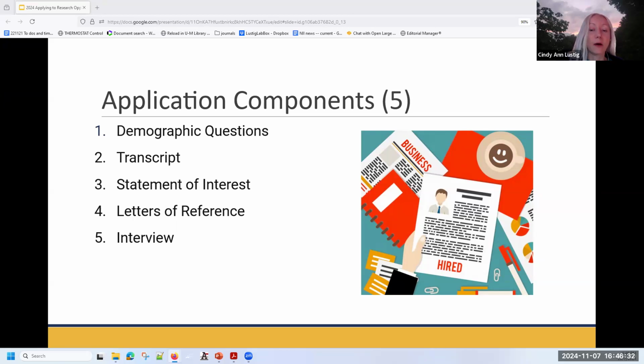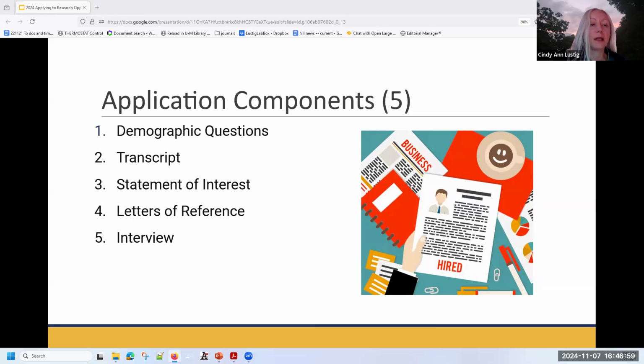We may ask about your social or economic status. Are you a first generation student, the first generation in your family? So we're really trying to get to know you and say, are you the kind of student who's really going to benefit from a program like STAR or from a program like SROP?